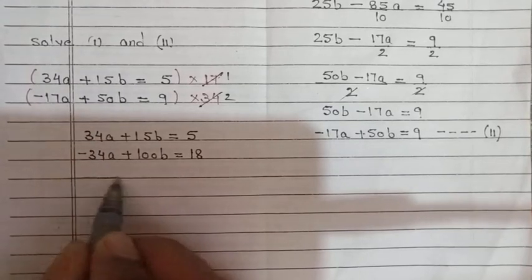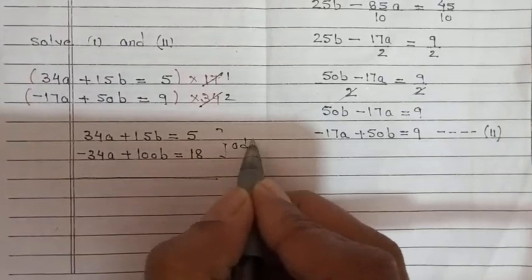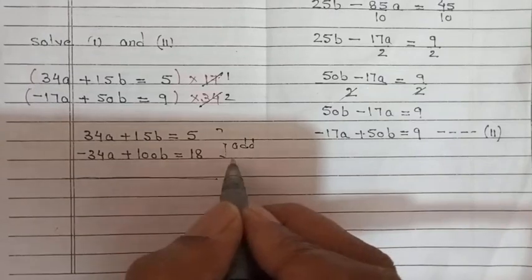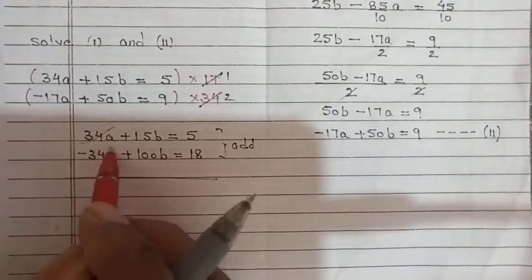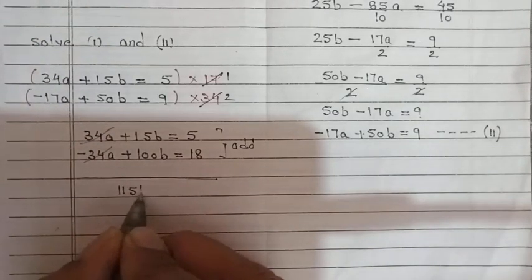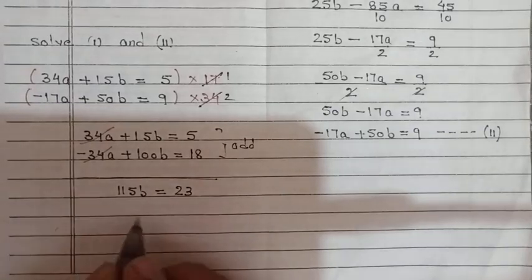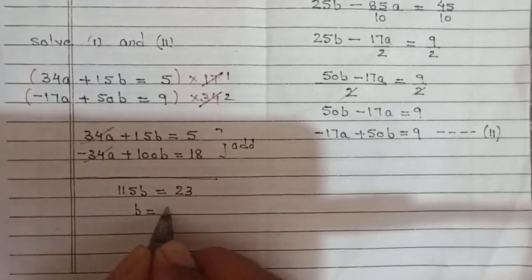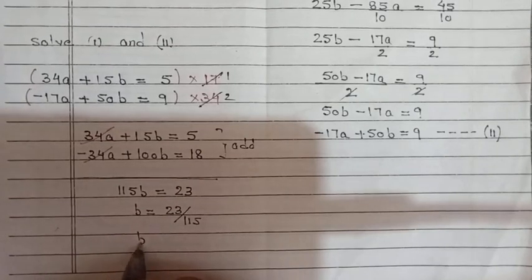So we will be adding these two equations to eliminate a. So here a will be eliminated, and you will be getting 115b is equal to 23. From here you can get the value of b. So the value of b will be 1 upon 5.